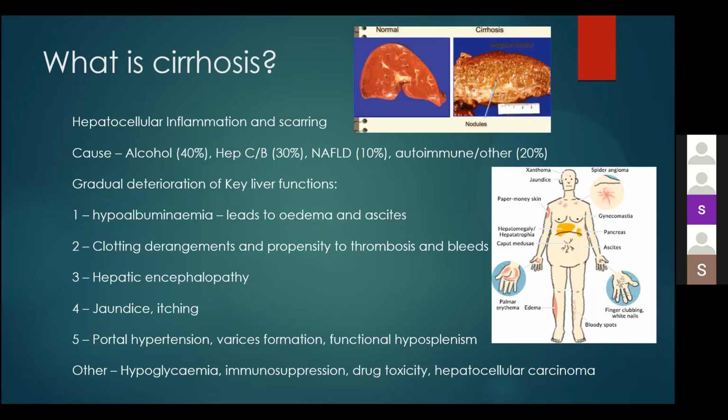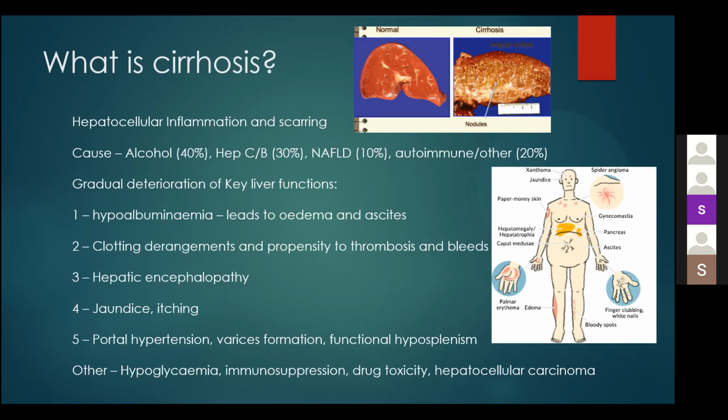Within this country, the most common cause for cirrhosis of the liver is alcohol-related liver disease, but that only makes up about 40% of the cirrhotics that are out there in the population. Other things include hepatitis, non-alcoholic fatty liver disease, and then other autoimmune conditions such as PSC and other drug-related liver injuries.